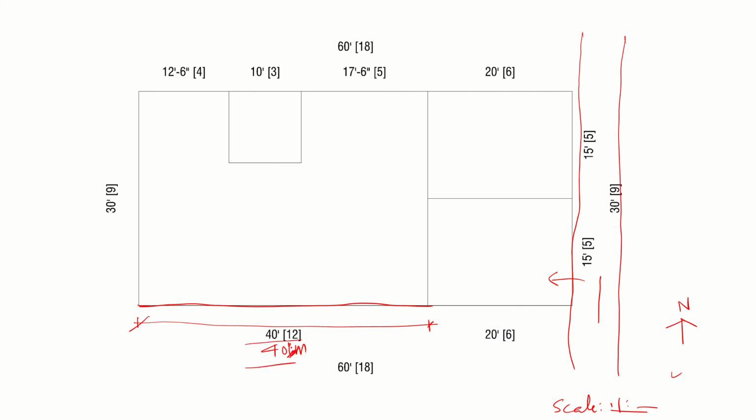Not centimeters, it will never be centimeters. 40 feet in this case. In your case, let's say if it is 5 meters, just write 5 meters. This line thickness should be lighter than the object line that you have for the buildings. Kindly make sure that you draw it correctly.